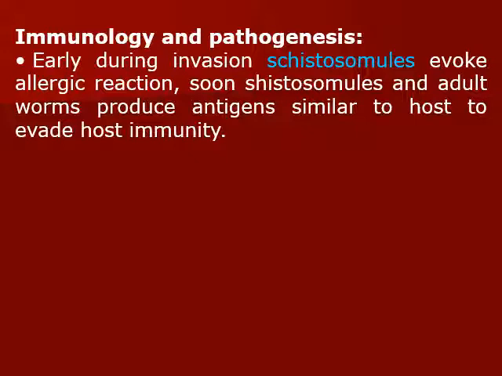The schistosomules and adult worms produce antigens similar to the host to evade host immunity. But during penetration, we also have cercarial antigens. These antigens can produce allergic reaction in the skin, as we'll see later.